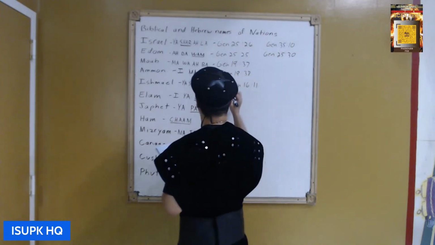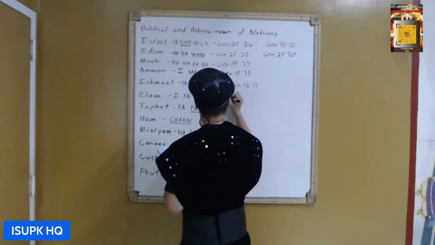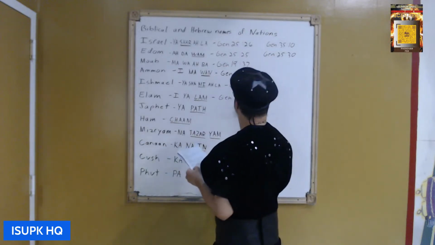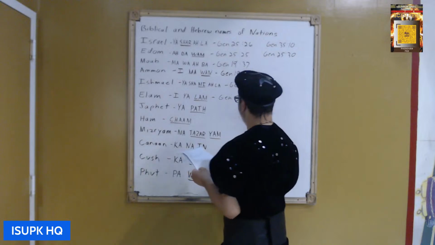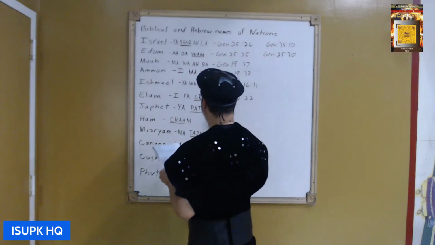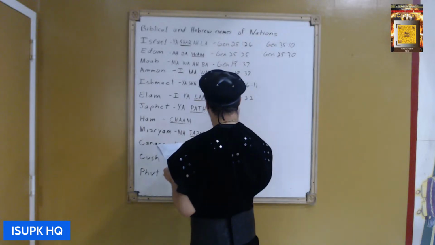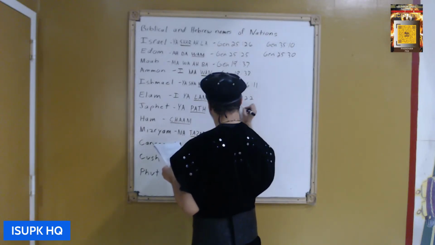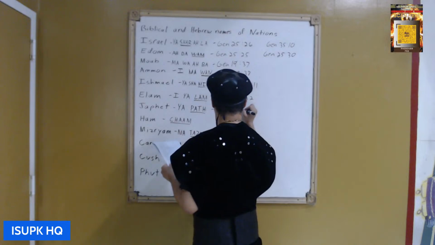Elam, Genesis 10, verse 22. Japheth, Genesis 10, verse 1.